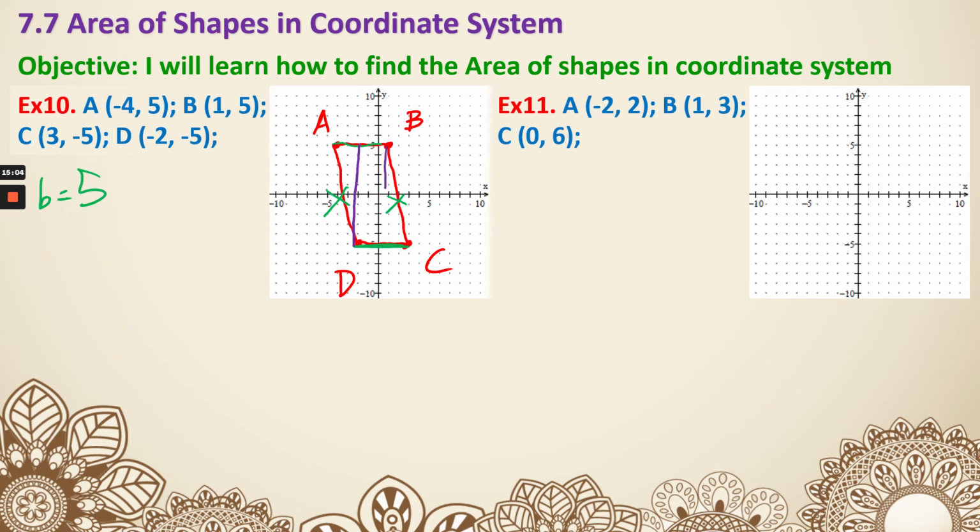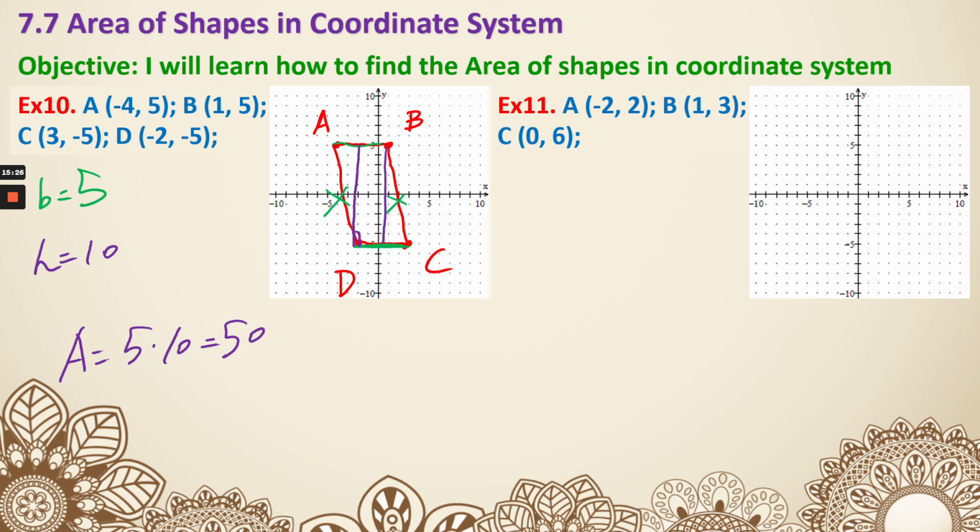There's so many different lines you can draw to represent the height. But the height is got to be forming 90-degree angle with the base, and it's connecting, basically marking how far away these two bases are. So that is 10. That means the area is 5 times 10, which is 50.